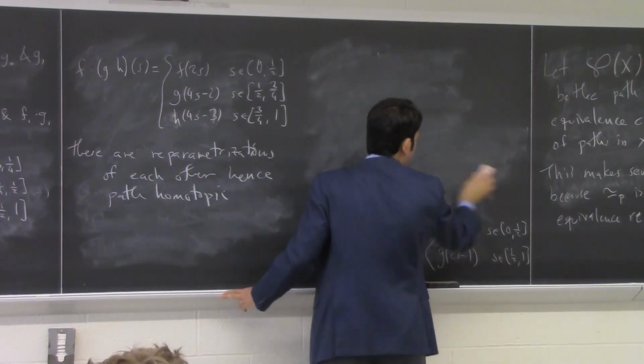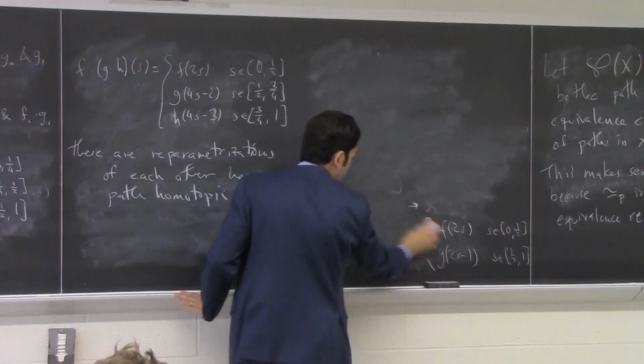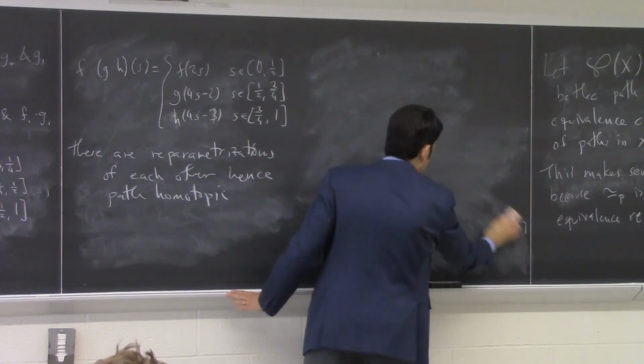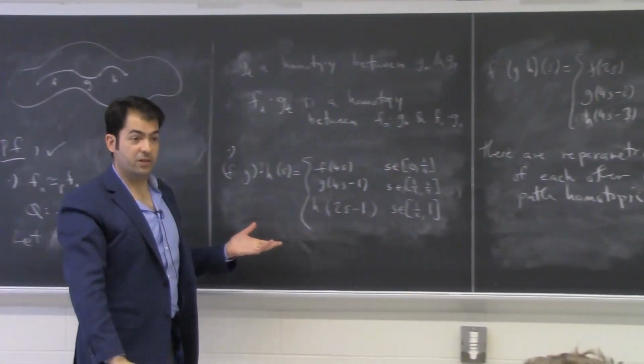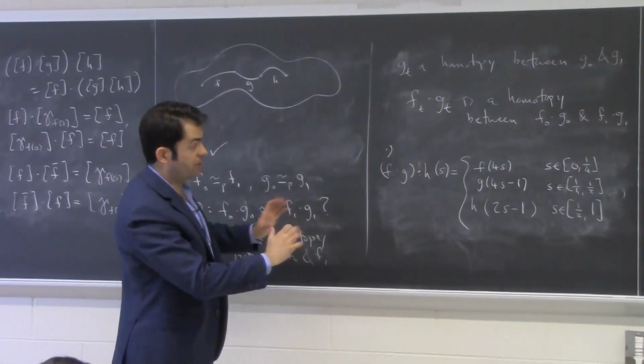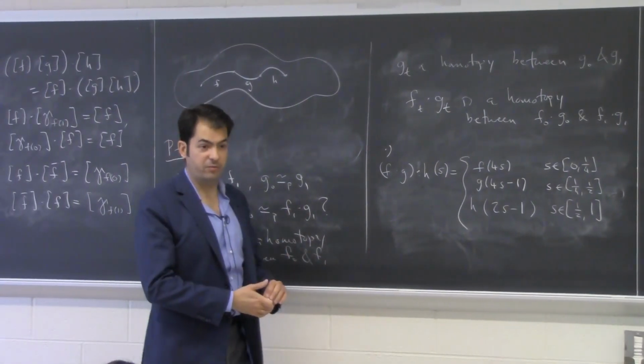And so you see very clearly why we wanted to pass to path homotopy classes, because they're not associative on the nose. They're not associative as paths, but they are associative as homotopy classes of paths.